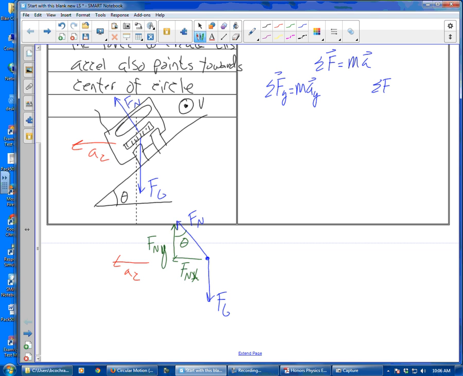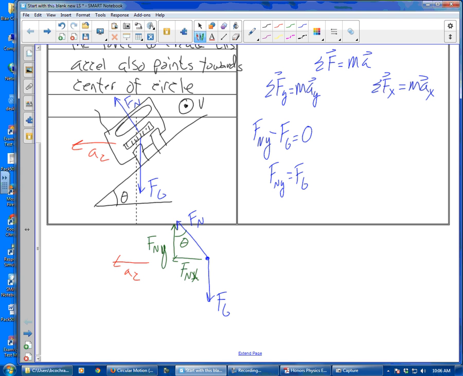Sum of the forces in the X equals ma_x. In the Y, I've got two forces: force normal in the Y direction minus F sub G equals 0. So force normal in the Y would be the same as the weight of the car.